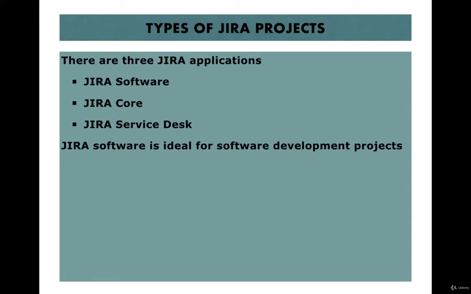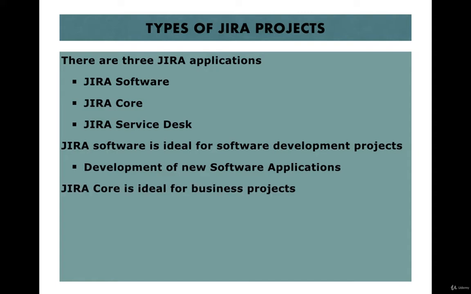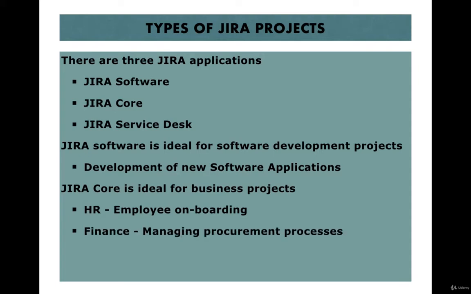Jira Software is ideal for software development projects like development of new software applications or apps, any iOS, Android apps, or any other typical software development project. Jira Core is ideal for business projects. For example, the HR team can use Jira Core for employee onboarding, or the finance team can use it for managing procurement processes.